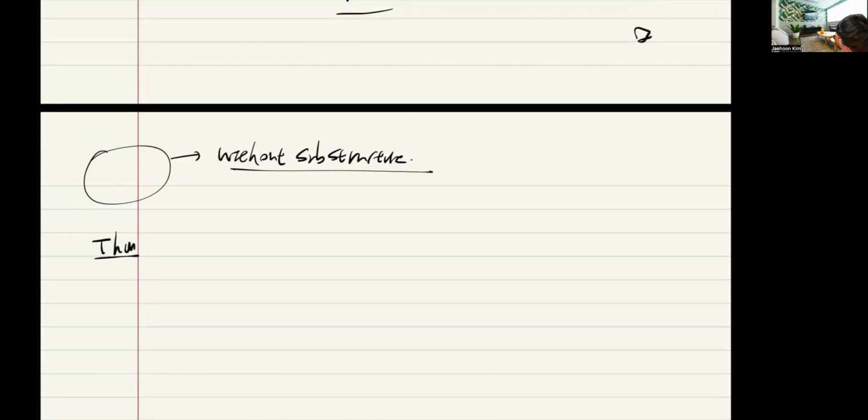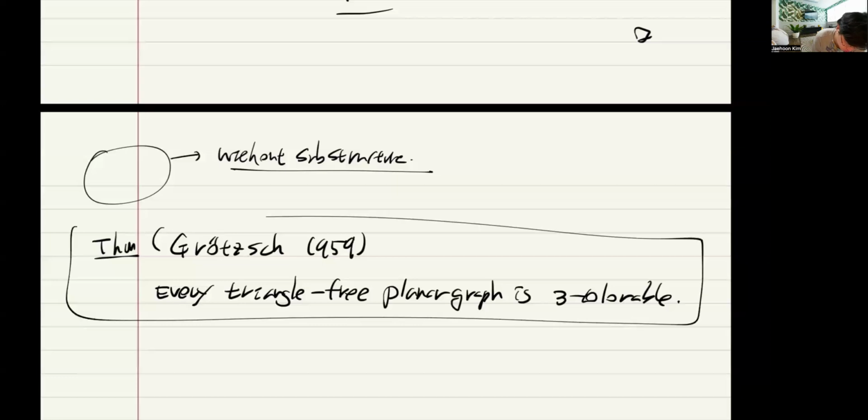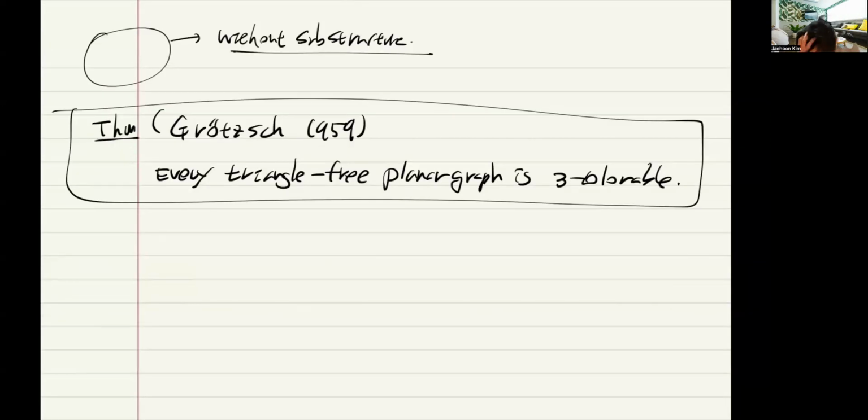One example is Grötzsch's theorem: if you have a planar graph which doesn't contain a triangle, you can color it with 3 colors instead of 4. This theorem is not too difficult, but also not too short, so we are not going to prove it.